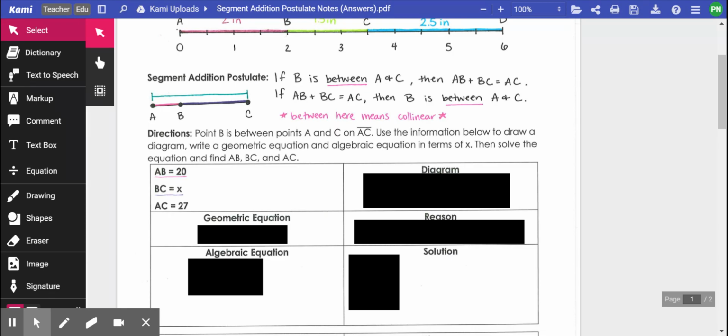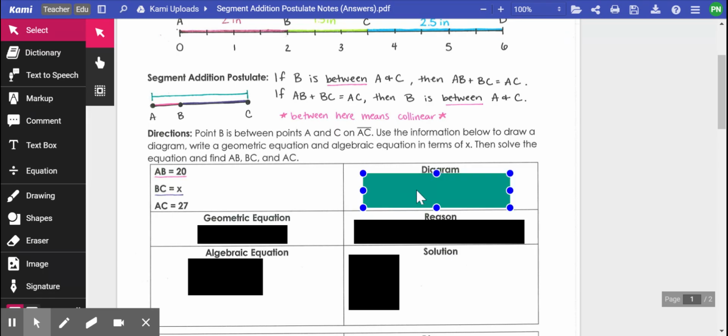We're going to be writing a geometric equation and an algebraic equation. And we're going to start getting used to justifying our reasons for why we can write certain things. That's going to be very important when we get into geometric proofs later on. And then, of course, we're going to actually solve the problem.